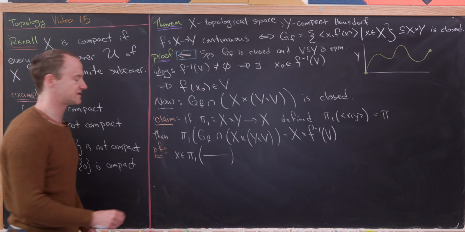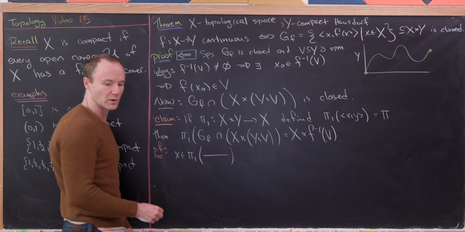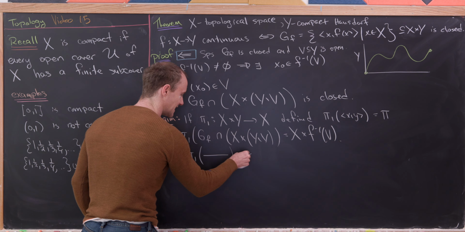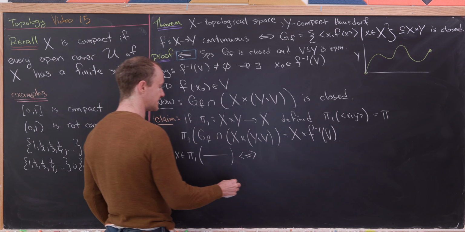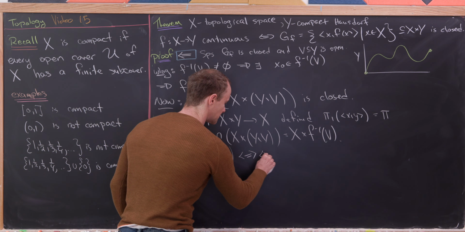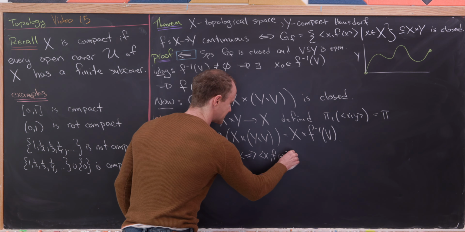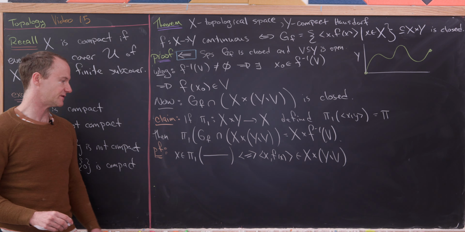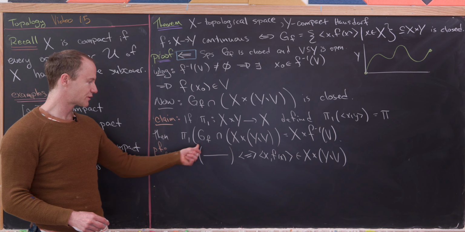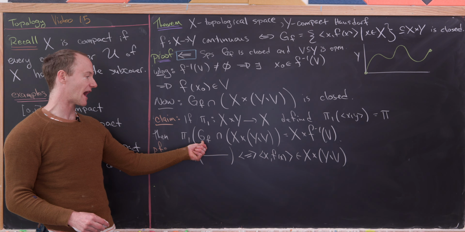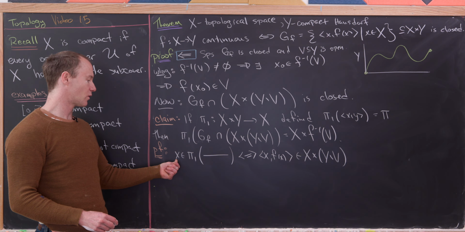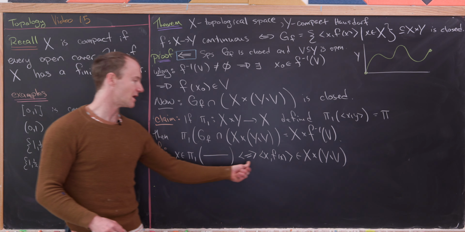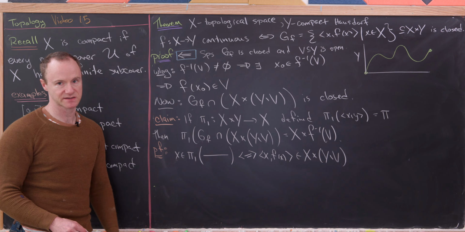Okay, nice. So let's suppose that x is inside of pi1 of, I'll just put a line here to mean all of this stuff. But what does that tell us? Well, that's equivalent to saying that (x, f of x) is inside of X cross Y minus V. And that's because this x coordinate came from something in the graph. So that means the y coordinate that this x came from must be of the form f of x.